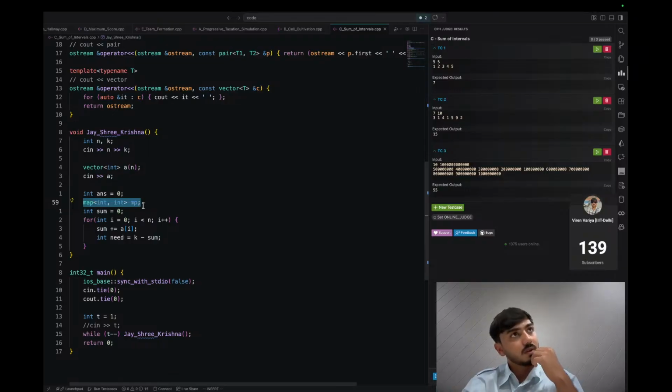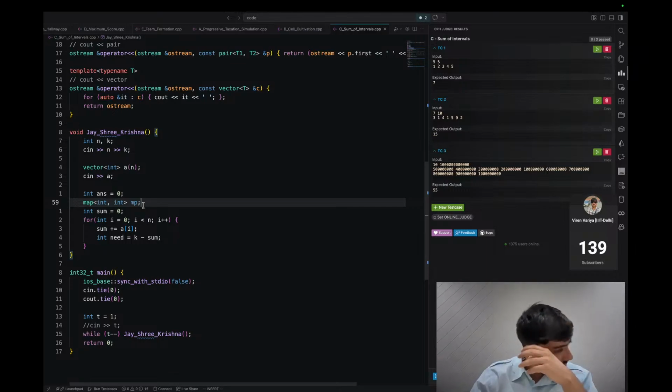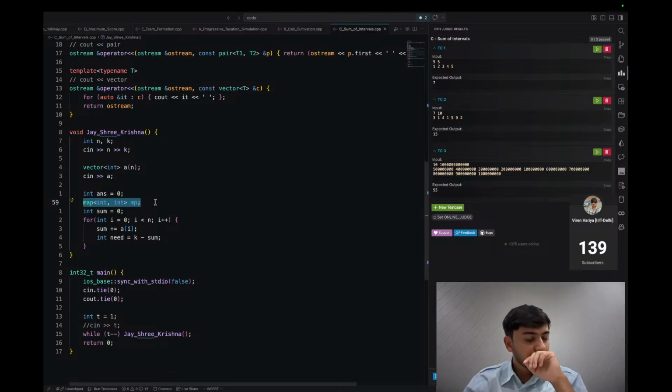Oh, map is always sorted, right? But we can't.